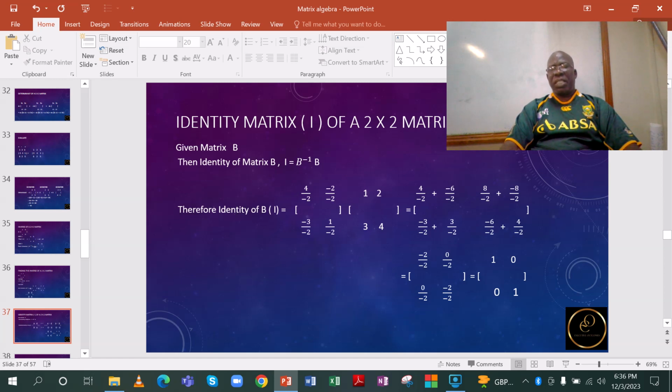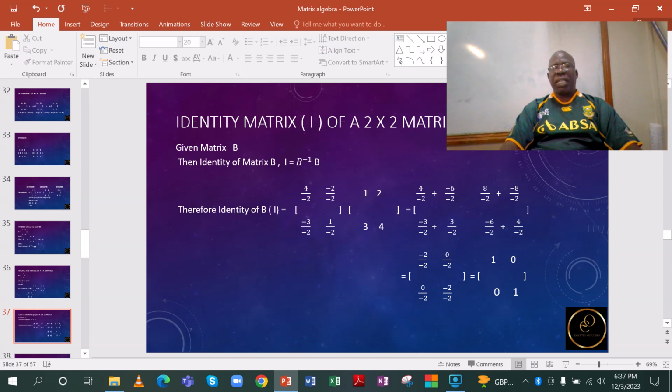You do the same for the second row. It will be row into columns. So negative 3 over negative 2 times 1 plus 1 over negative 2 times 3. That will give you negative 3 over negative 2 plus 3 over negative 2.